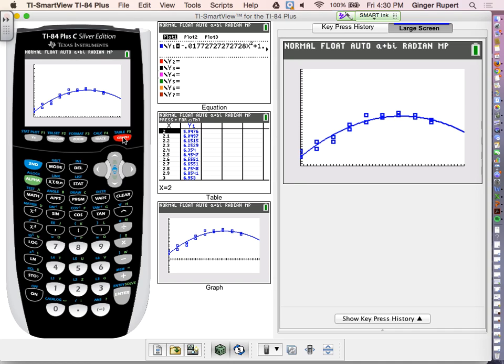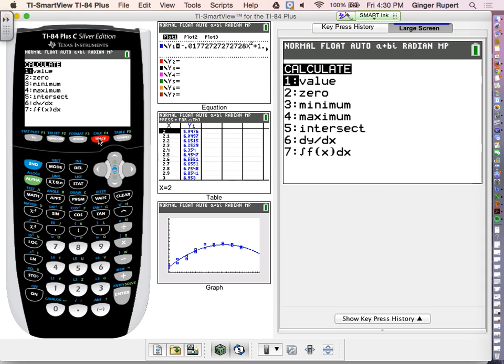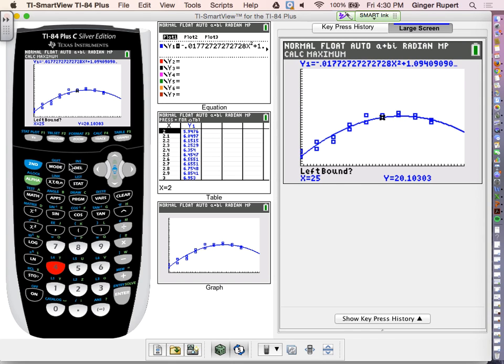From here, you're asked to find the vertex. So the steps to find the vertex on the calculator would be to go to second, calculate, maximum. You'll see it asks you for a left bound. You want to make sure you're on the left side of the vertex. Hit enter. It'll put a line in there.